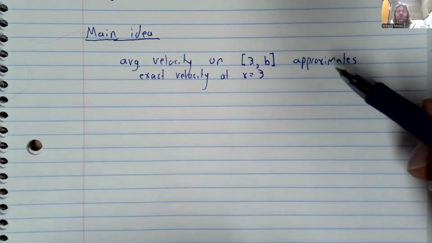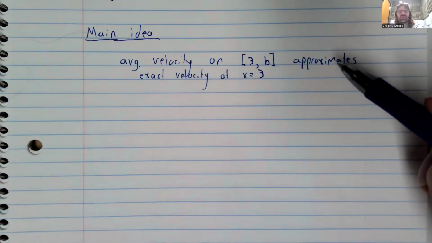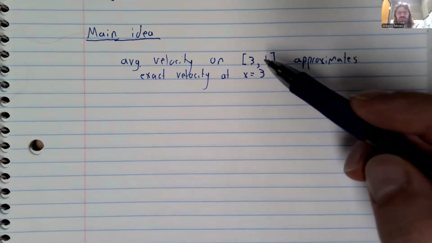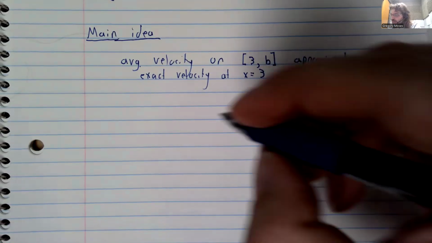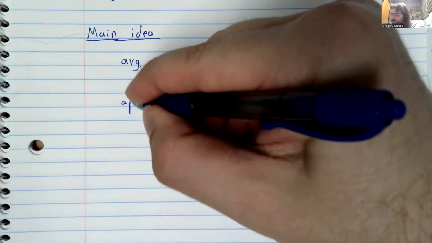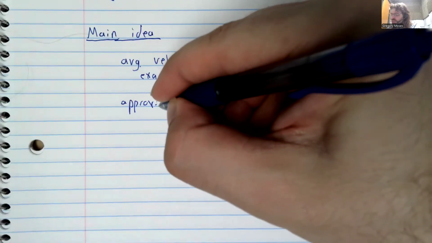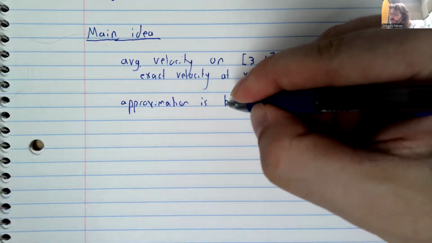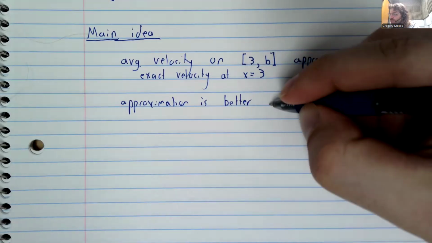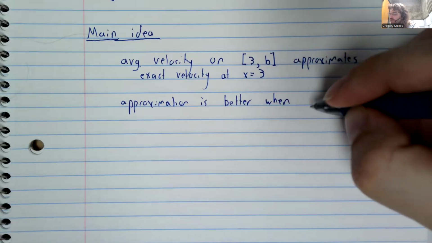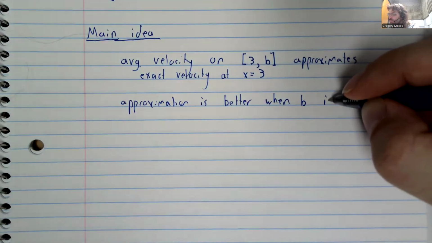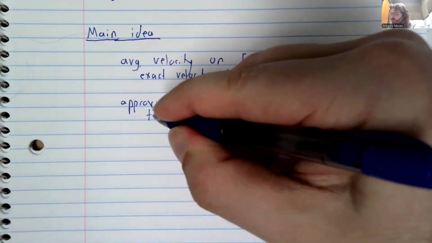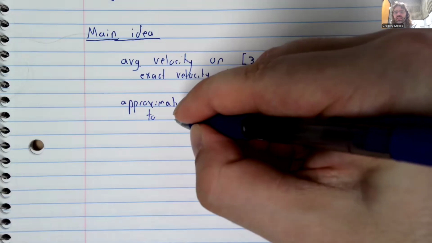The reason it's only an approximation is that acceleration occurs on the interval, but acceleration takes time. So the approximation is better when B is close to 3.